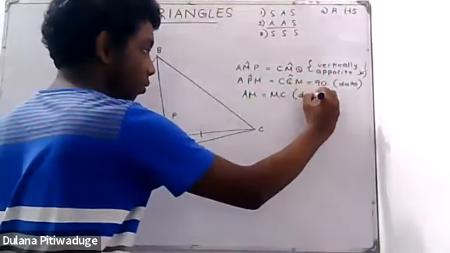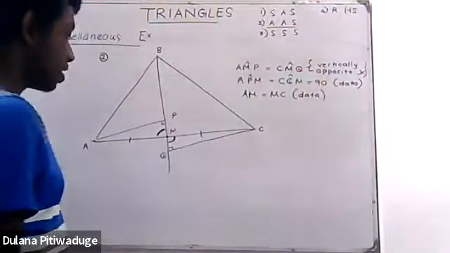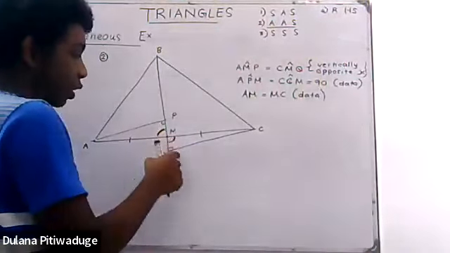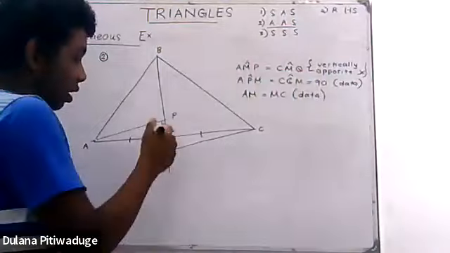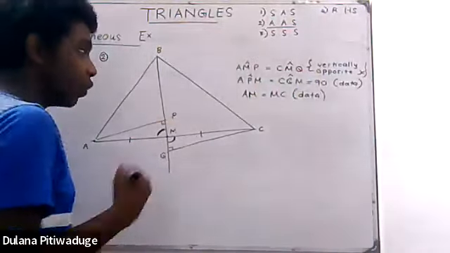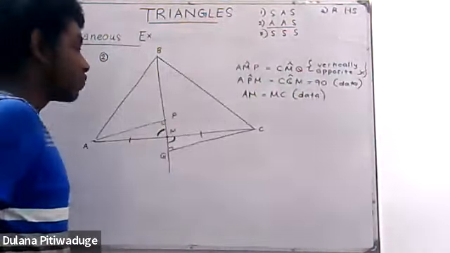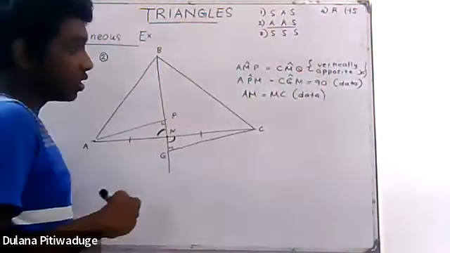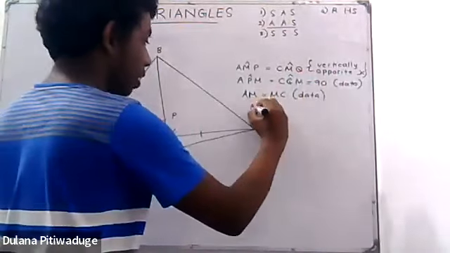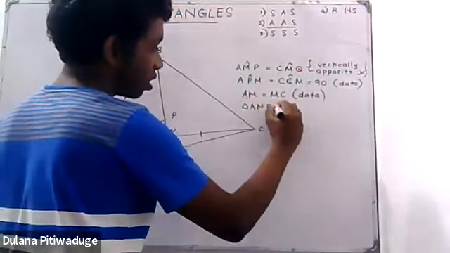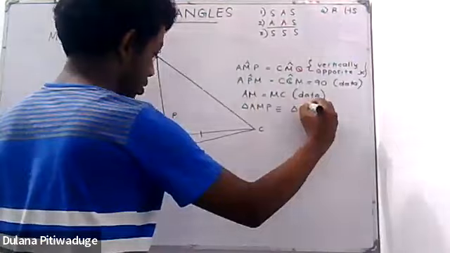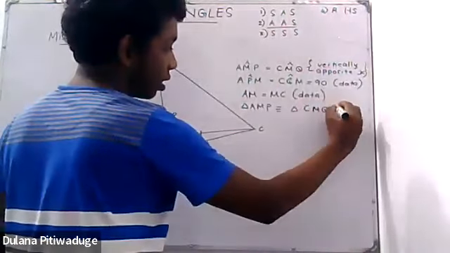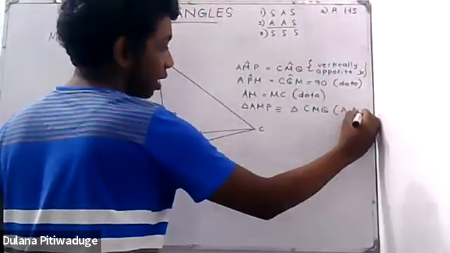Now corresponding sides are equal. Here is the hypotenuse, here is the hypotenuse as well. And these two angles are equal. You can use the case AAS here as well. Two angles and a corresponding side are equal. So the triangle AMP is congruent to triangle CMQ by AAS.